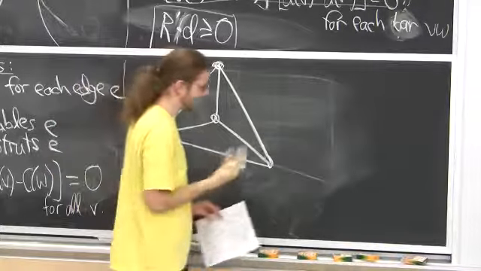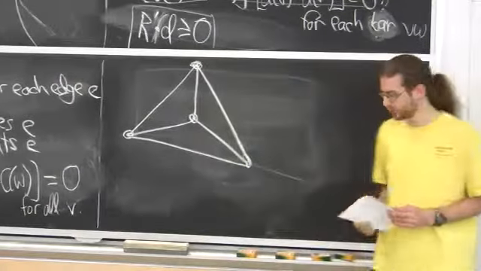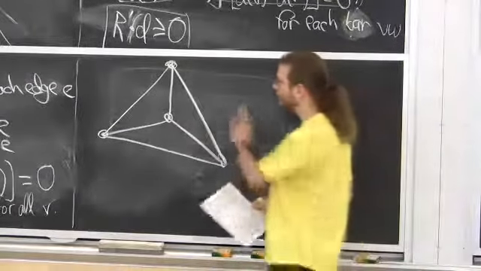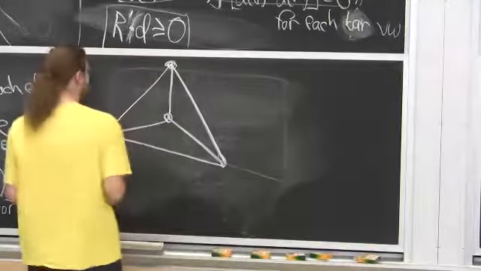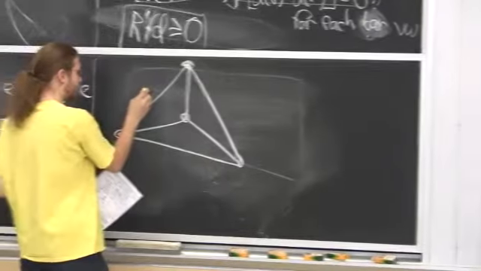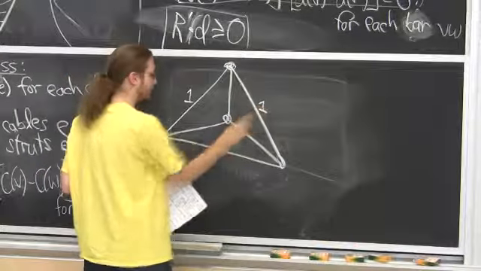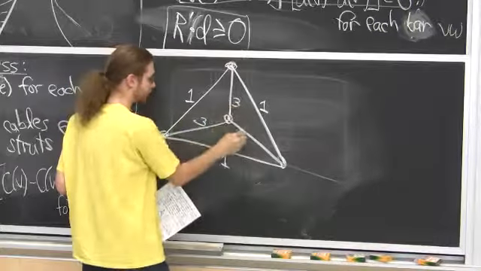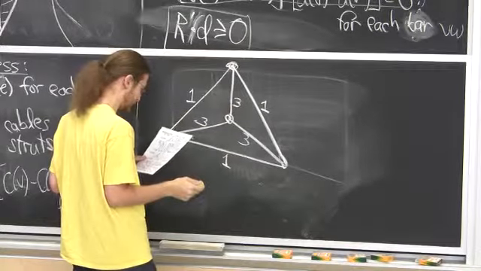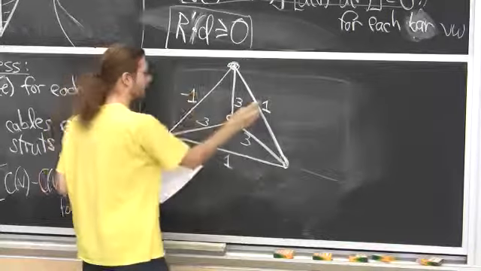Here's a rigid linkage. I'm not going to say yet which edges are struts and cables. In some sense, I can do that later. And I'm going to put numbers -1 along all the outside edges, and the number 3, positive 3, along all the inside edges.